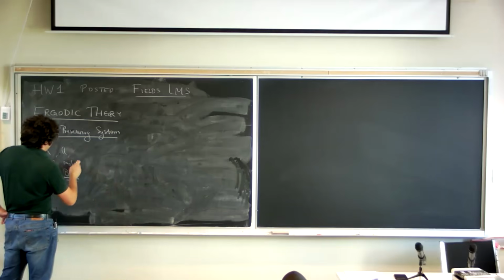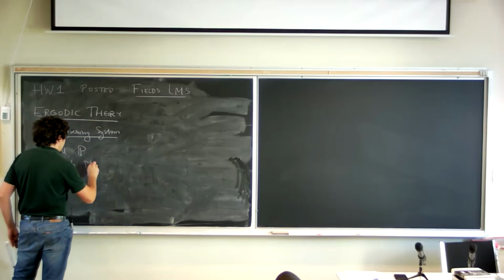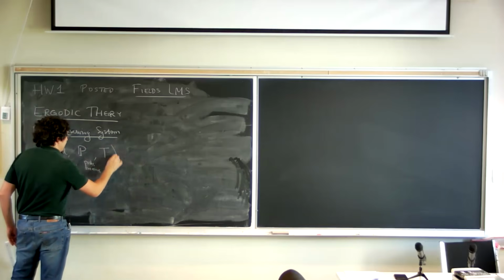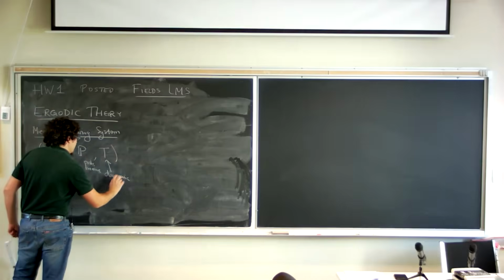And then we have a measure which we might denote with P, so this would be a probability measure. And then a map T, and T would be the dynamics, or the time evolution.